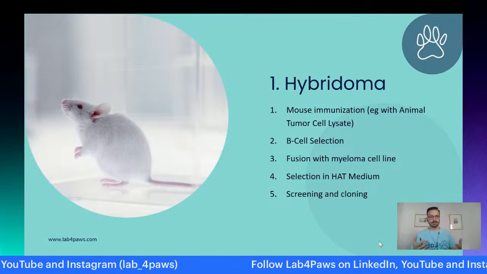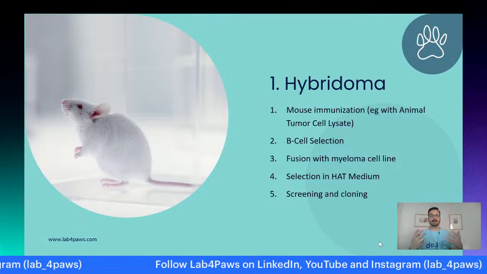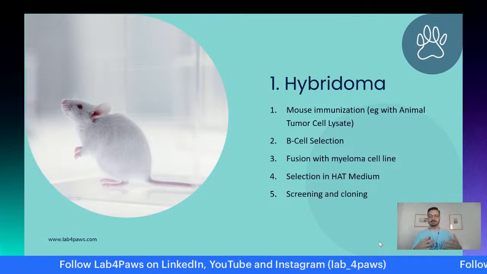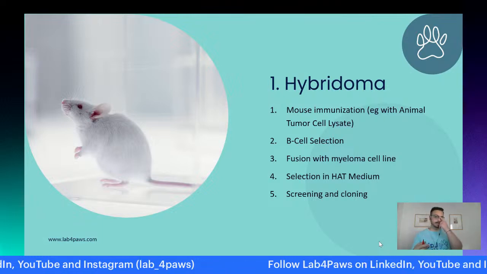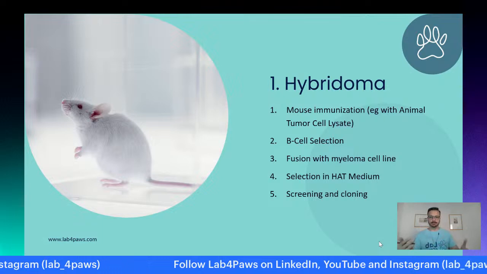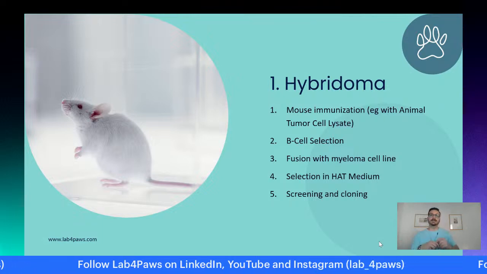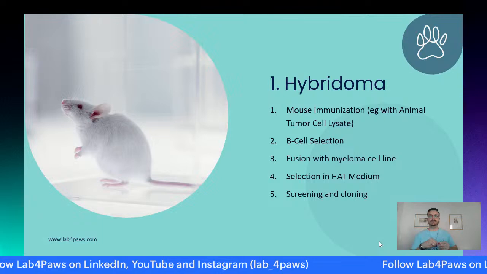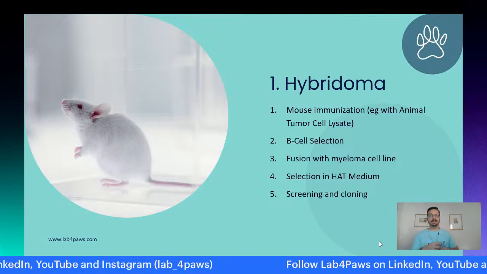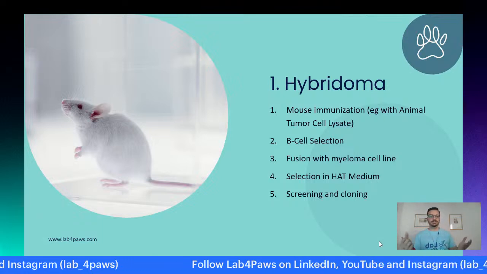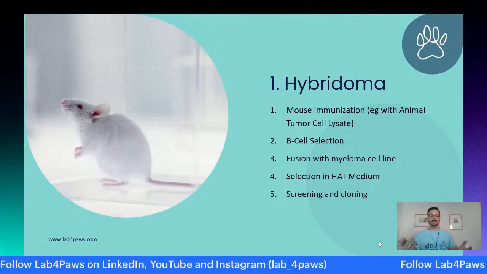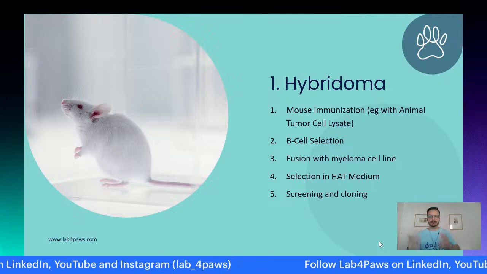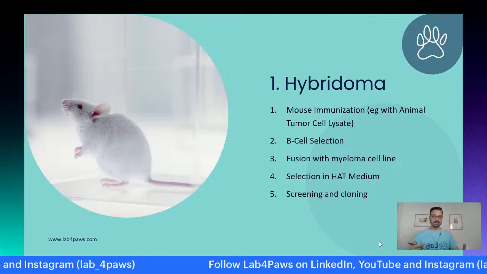The mouse will develop B cells, well, not develop, they're still there, but the B cells that recognize this kind of target would proliferate and start producing antibodies. And so we can fish the B cells out, fuse them with the myeloma cell line, and after a selection with a HAT medium, I would have B cells that continuously produce antibodies.